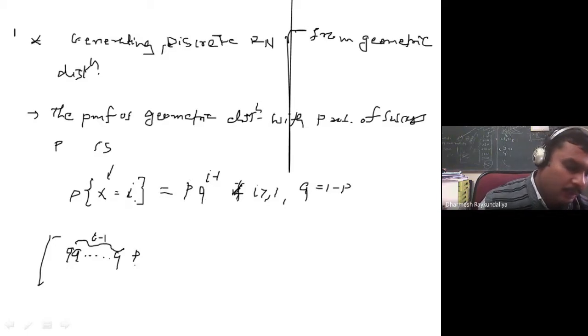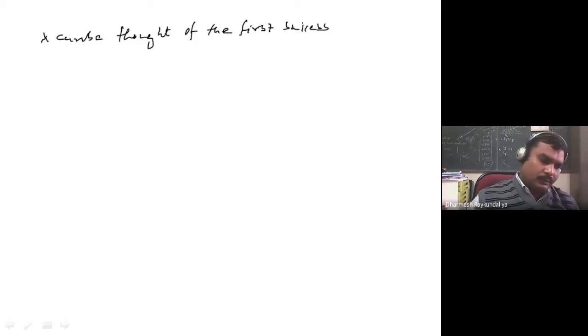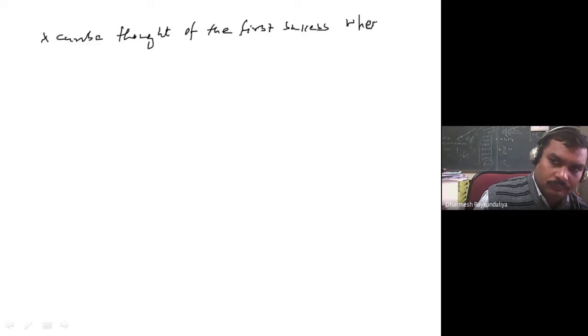So when it is x equal to i, x can be thought of as the first success when trials are independent.